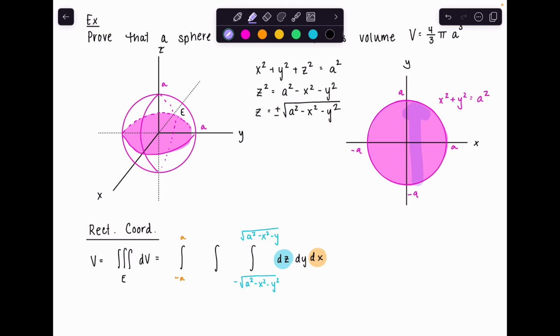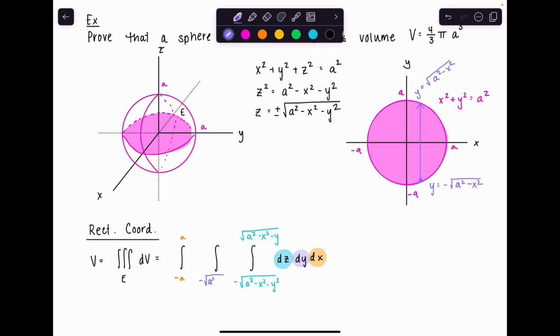So it's going to start at the bottom half of the circle and go to the top. So again, I would have to solve this for y. It starts at the bottom half of the circle, which is negative square root of a squared minus x squared, and goes to the top half, which is positive square root of a squared minus x squared. So these are the bounds on y.